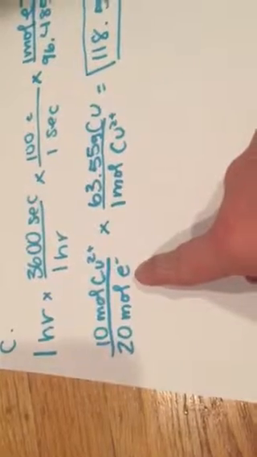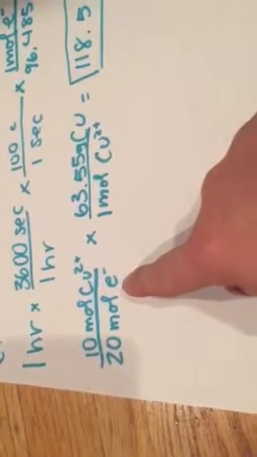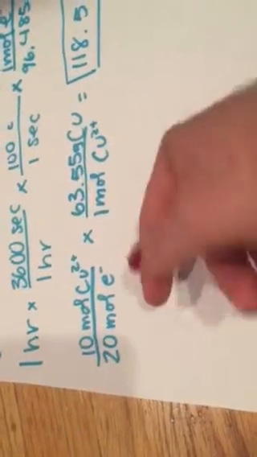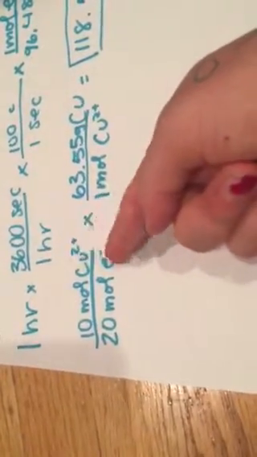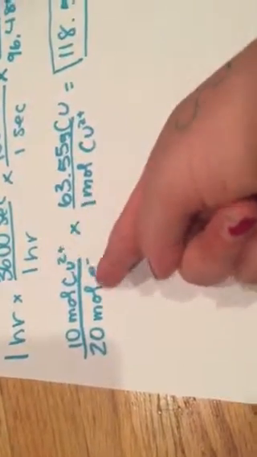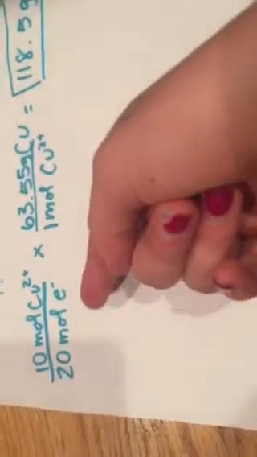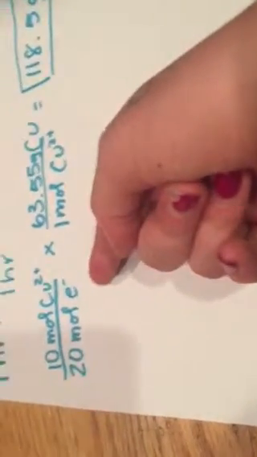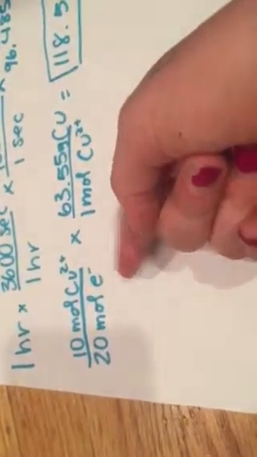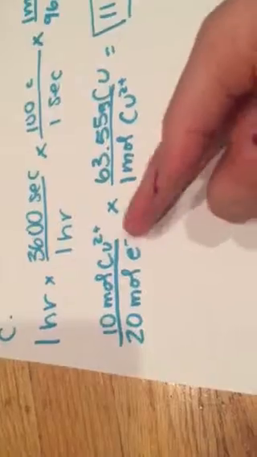So we're going to use 2 moles of electrons to 1 mole of Cu, it's a 1 to 2 ratio of moles of Cu to moles of e-, when you look at the reduction table that you have.